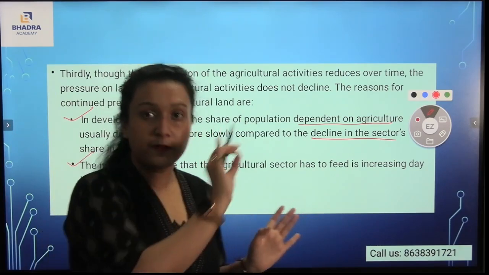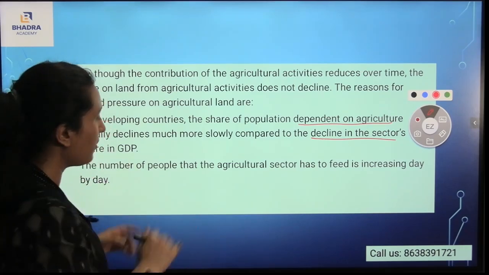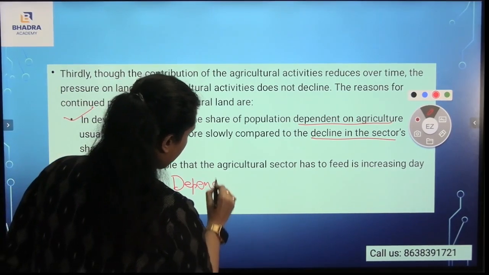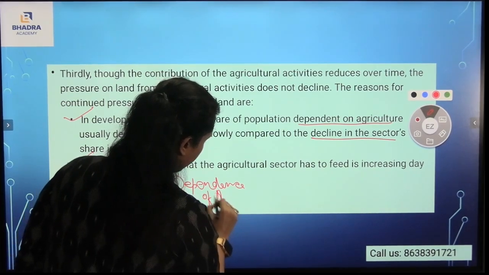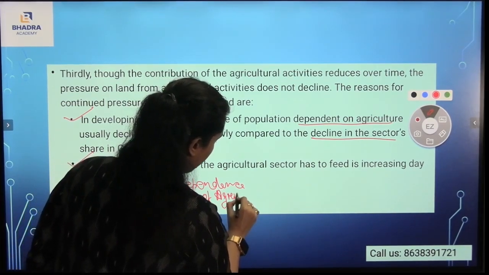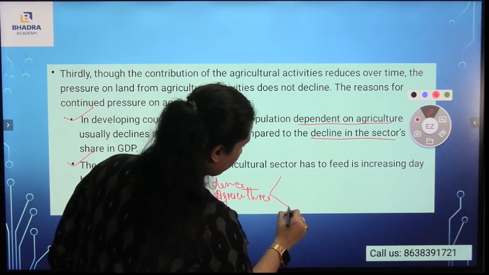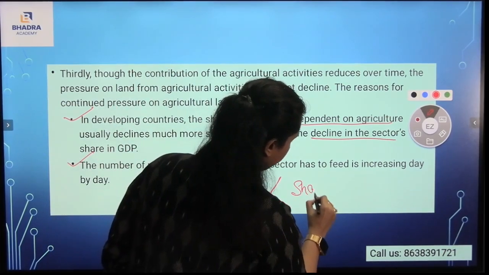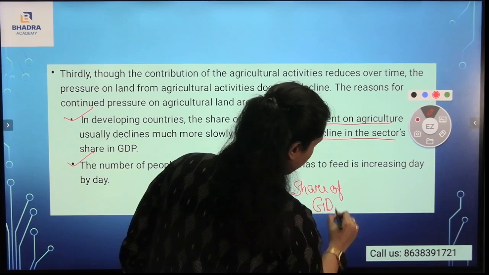Now here the first point is a little bit confusing. Let me explain it again. Now comes the dependency on agriculture. If there is dependency on agriculture, it will be declining much more slowly in comparison to the share of GDP.